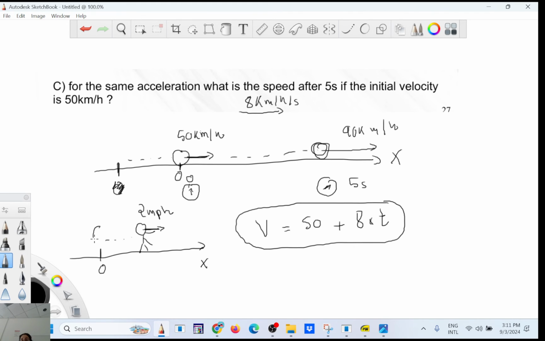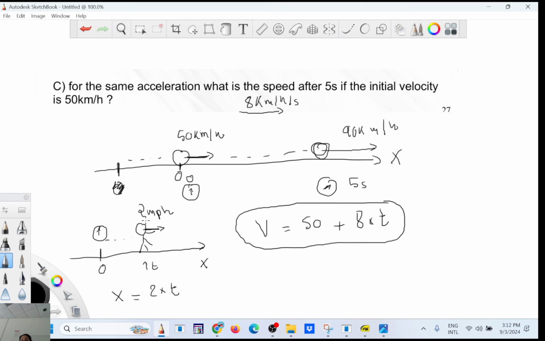And when you start your stopwatch, here you are there. So what's going to be your position as a function of time? So that will be your time here. It's going to be 2 times time, right? 2 times the time.